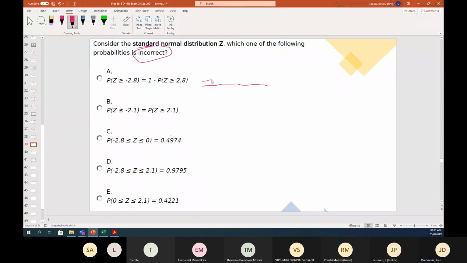They ask us the probability that Z is bigger or equal to minus 2.8. Remember, Z in the middle is always 0. So let's say minus 2.8 is here, and it's bigger.